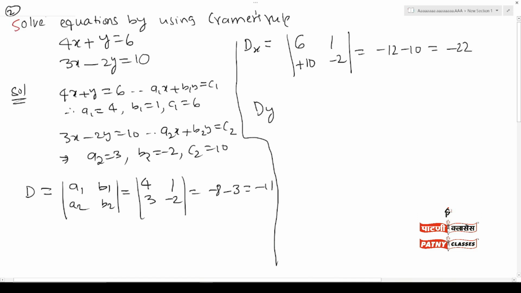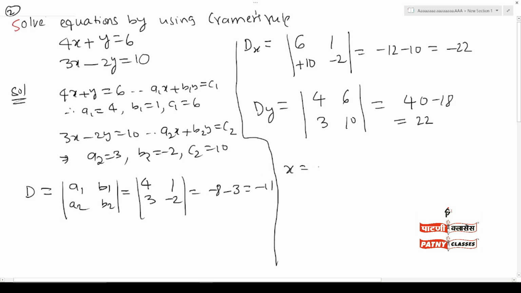After that, dy is nothing but a1, a2 as it is, that is 4 and 3, but b1, b2 are replaced by c1 and c2, 6 and 10, that is 40 minus 18 equals 22.